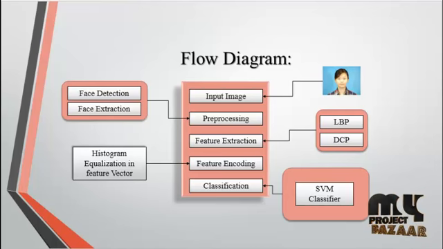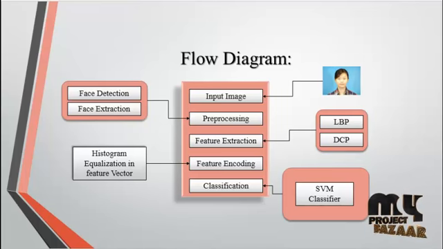In the image resize, we have to reduce the dimension of the image. For example, if the input image is of size 1000 cross 1000, then we reduce the size of the image to 500 cross 500. This is the image resize. After the image resize, image filtering is carried out.